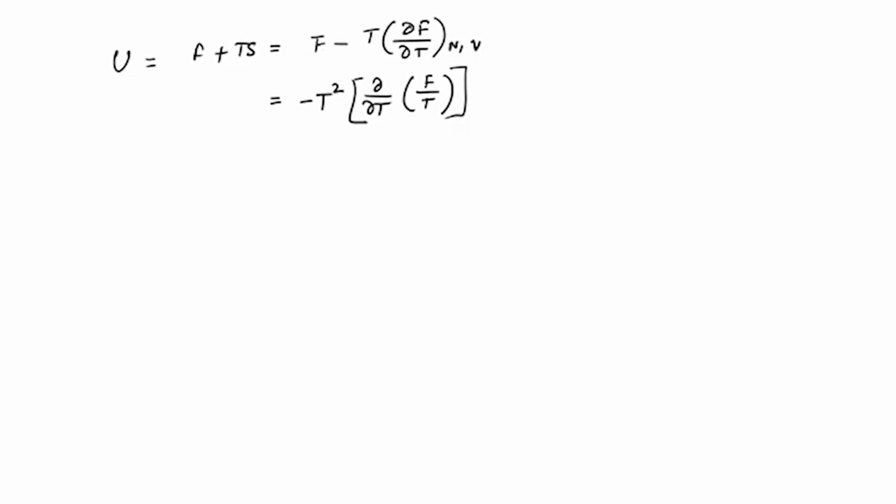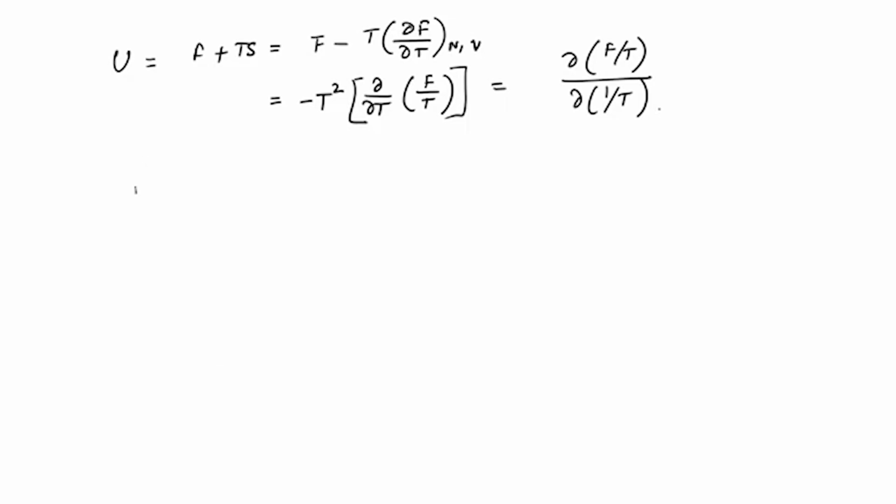Sorry, this is F, not T. So, it is F minus T del F del T, and this is again del of F by T, del of 1 by T. You can just check these things, these are very trivial steps.